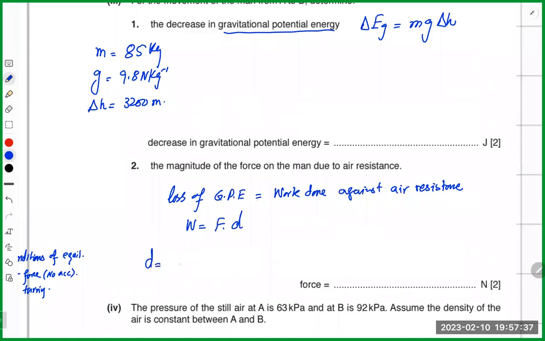Distance traveled is 47 into 2.8 into 60, because you won't take the height, you will take the distance traveled against the air. That will be the distance from A to B. And work done will be the change of gravitational potential energy that you calculated in the previous part, and you can use it to find force.